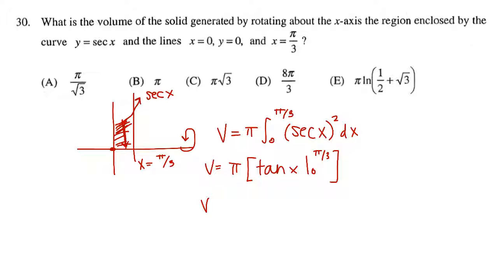So evaluating, we have pi times tangent of pi over 3, that's going to be the square root of 3, minus tangent at 0, which is 0. So notice we end up with pi times the square root of 3. So that should be answer choice C.